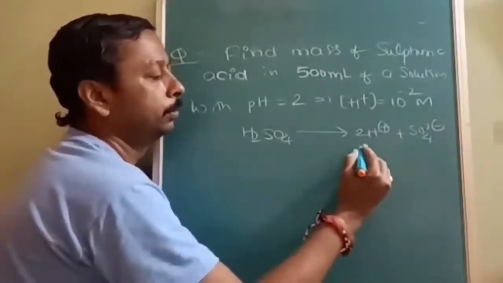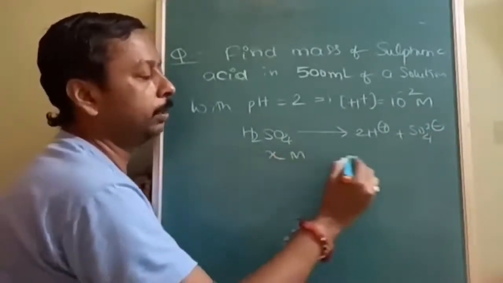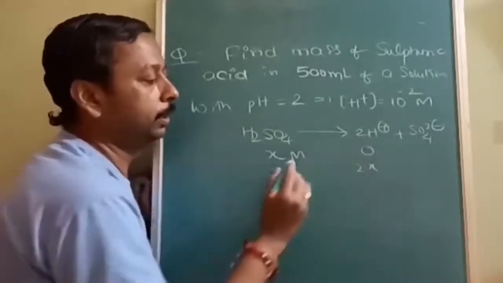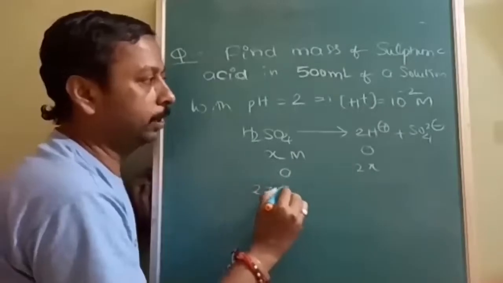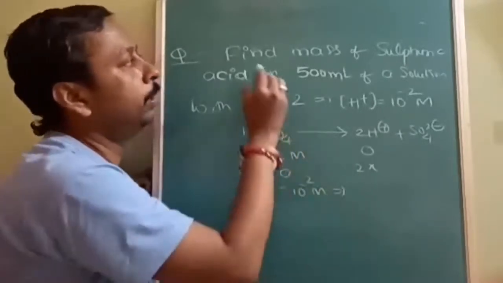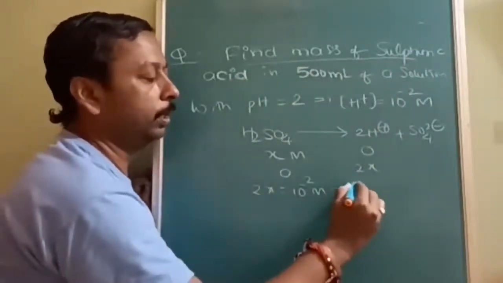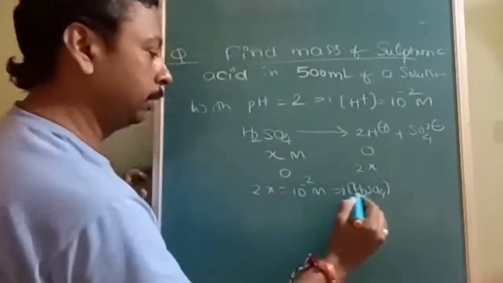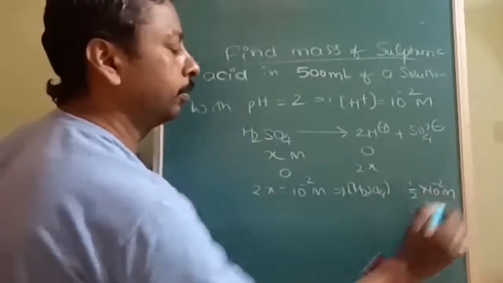So here let us suppose X molarity. So this is 2X. 2X is equal to 10 to the power of minus 2. But we want to find out mass of sulfuric acid. So molarity of sulfuric acid is equal to how much? 1 by 2 into 10 to the power of minus 2 molarity.